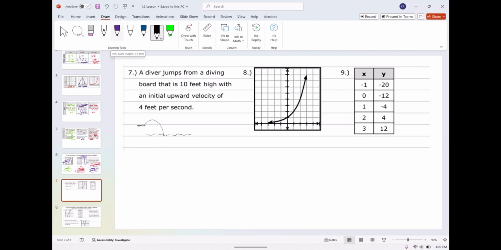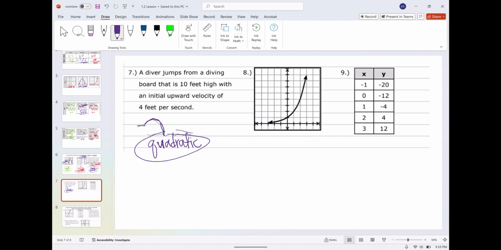So what type of function is that going to be? Hopefully you all were thinking quadratic, right? Similar to something being launched into the air, jumps into the air, makes that U-shaped graph.